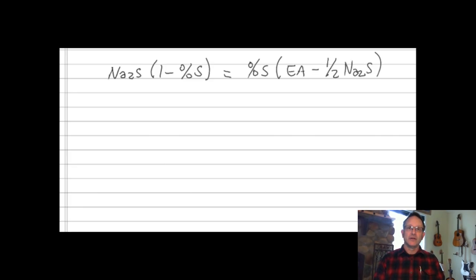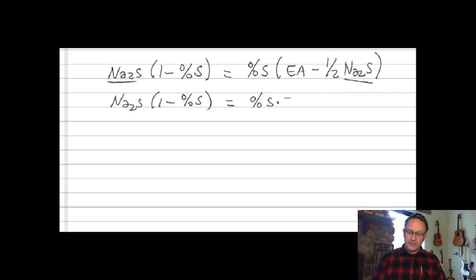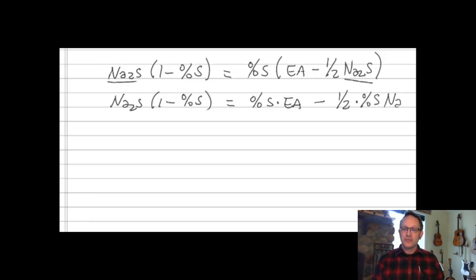That's substituting in for our sodium hydroxide from equation 1. Now we still want to get Na2S on one side of the equation, so Na2S times 1 minus the percent sulfidity is equal to percent sulfidity times your effective alkali minus 1/2 the percent sulfidity times the concentration of Na2S.